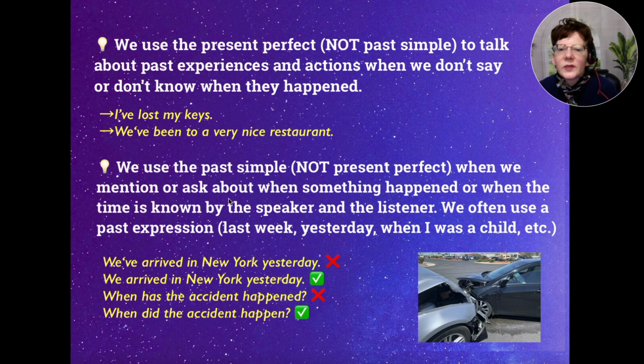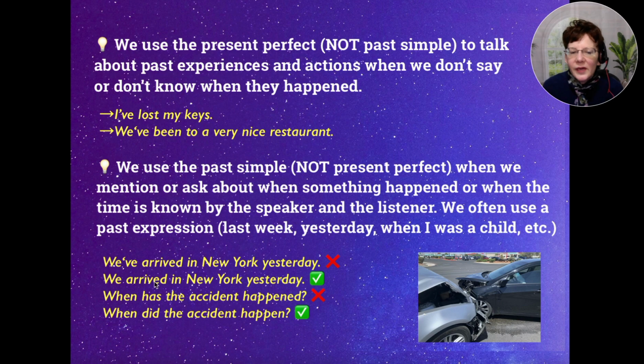And then we use the past simple, but not the present perfect, when we mention or ask about when something happened, or when the time is known by the speaker and the listener. We often use a past expression like last week, yesterday, when I was a child, or any time like that.